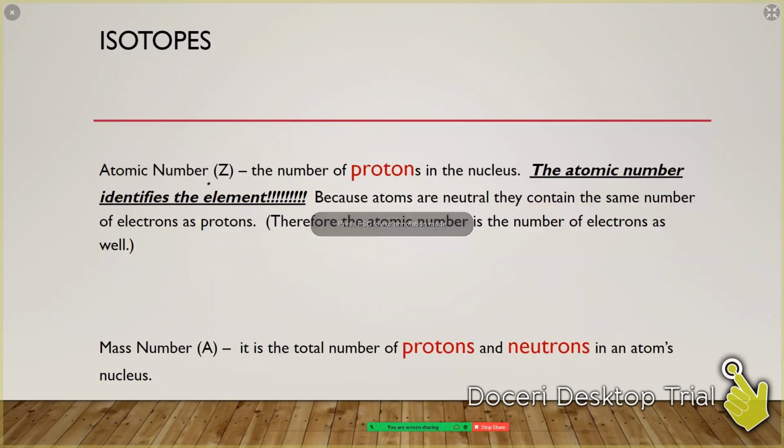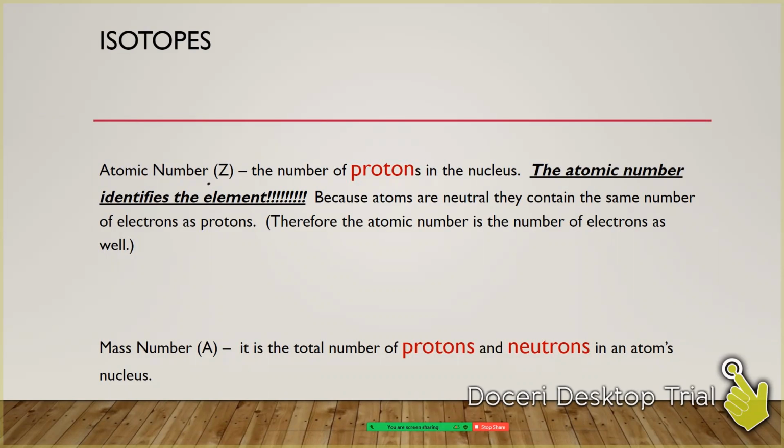The mass number is, oops, did I just do that one? Did I do atomic number? No. All right, atomic number, represented by Z, is the number of protons in the nucleus. Like I said, the atomic number identifies the element because atoms on the periodic table are neutral.